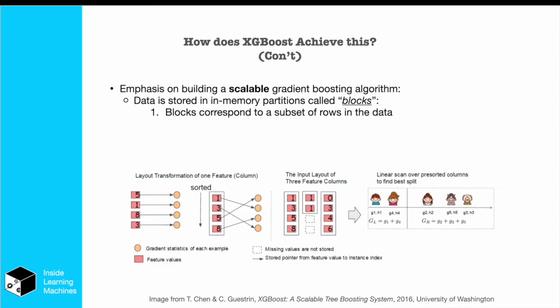Now, these blocks correspond to a subset of rows in our data and can be distributed across machines if we are using a cluster. On a single machine, they can be stored on disk in the out-of-core setting. Collecting statistics for each column can be parallelized, giving us a parallel algorithm for split finding.